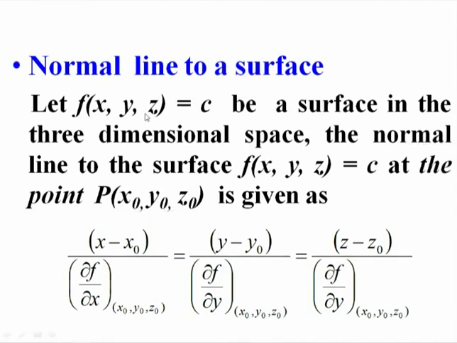Let f(x, y, z) = c be a surface in three-dimensional space, and the normal line to the surface f(x, y, z) = c at the point P(x0, y0, z0) is given as (x - x0) upon del f by del x at the point (x0, y0, z0) is equal to (y - y0) upon del f by del y at (x0, y0, z0) is equal to (z - z0) upon del f by del z.